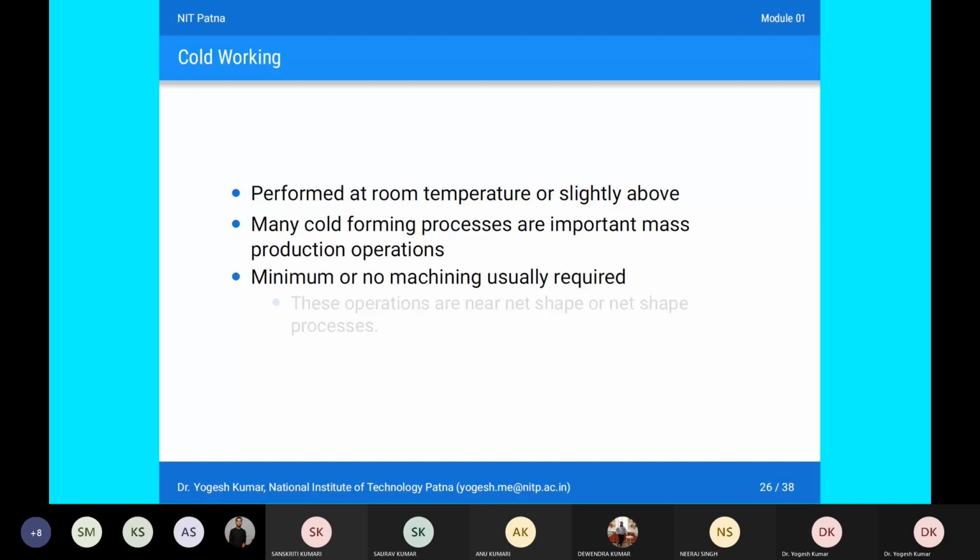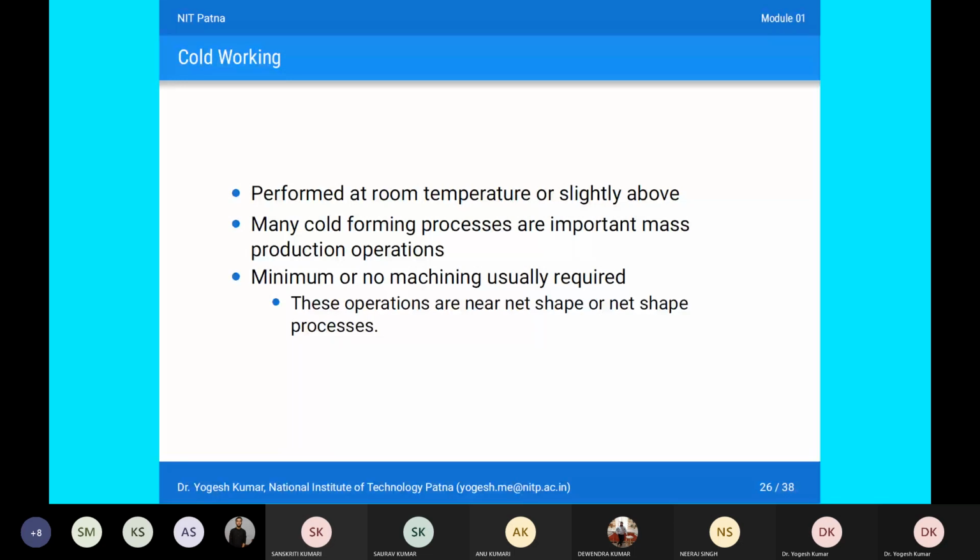There is one more feature of cold working processes. In the case of cold working processes, usually no machining is required. So why is no machining required? Why is there minimum deviation from your actual size? Because all these operations done at room temperature are near net shape or net shape processes.